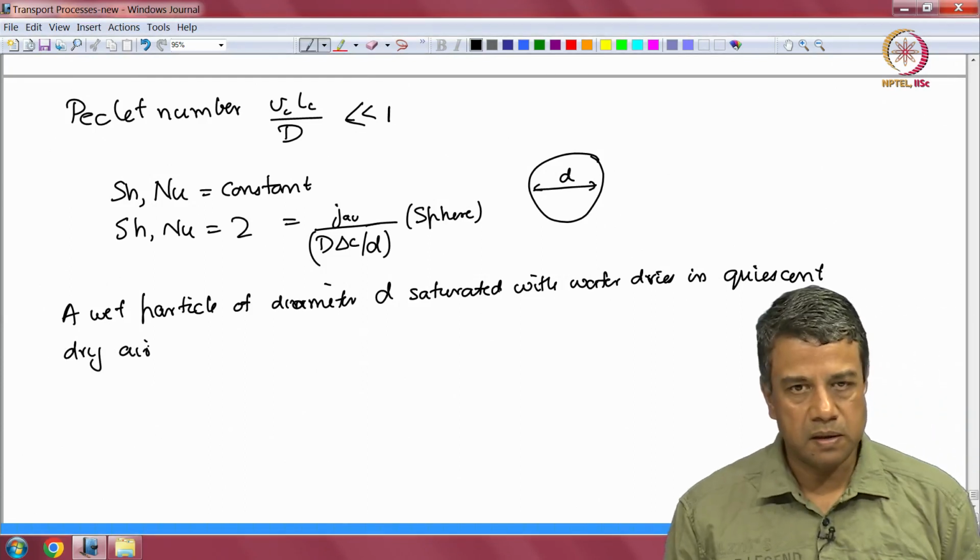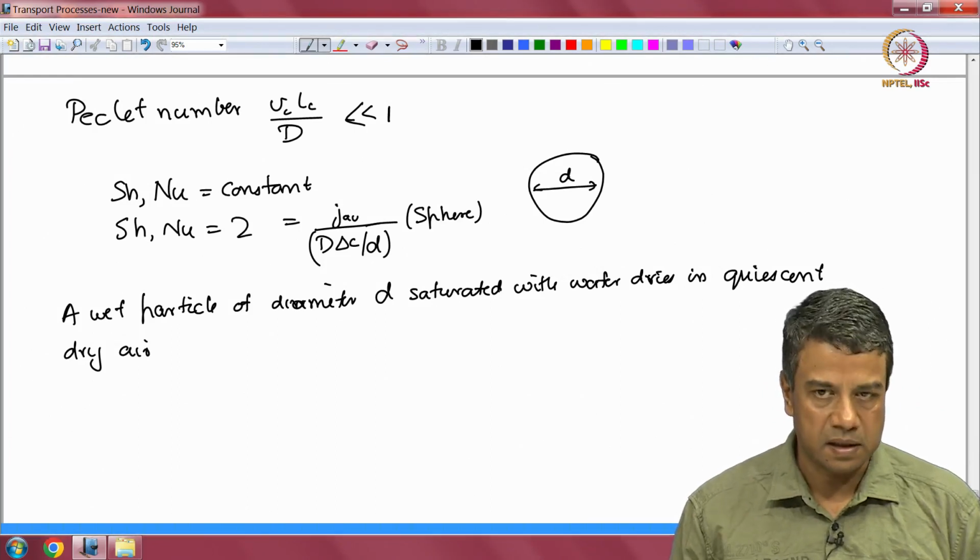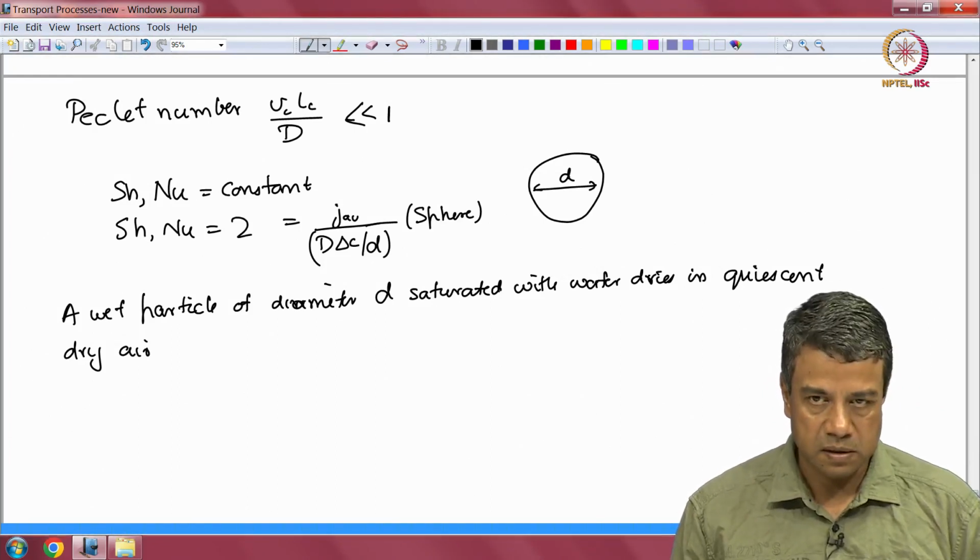So, you have a wet particle of diameter d that is drying in air. Air has no moisture.